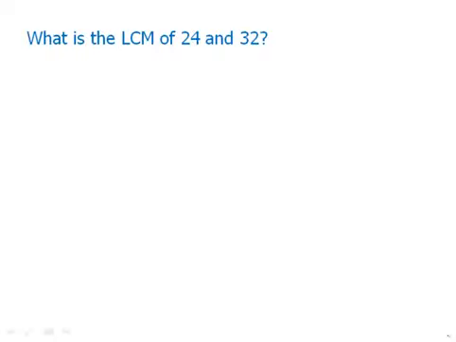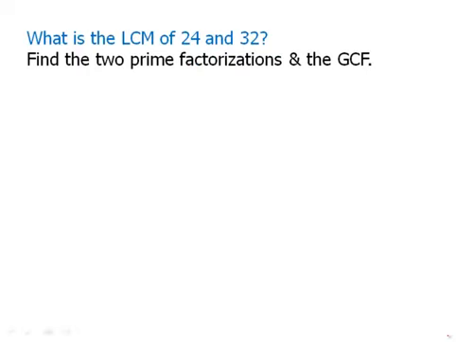So suppose we have to find the least common multiple of 24 and 32. Already a slightly more sophisticated problem. Well, certainly we can find the prime factorizations and the greatest common factor. I assume that you can find at this point the prime factorization of the two numbers and the greatest common factor, which here is 8.